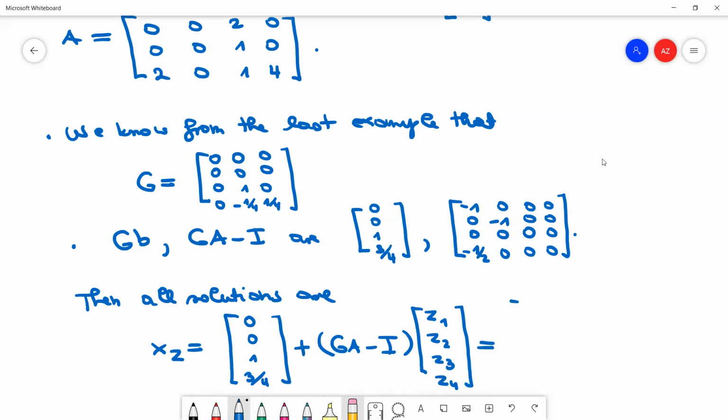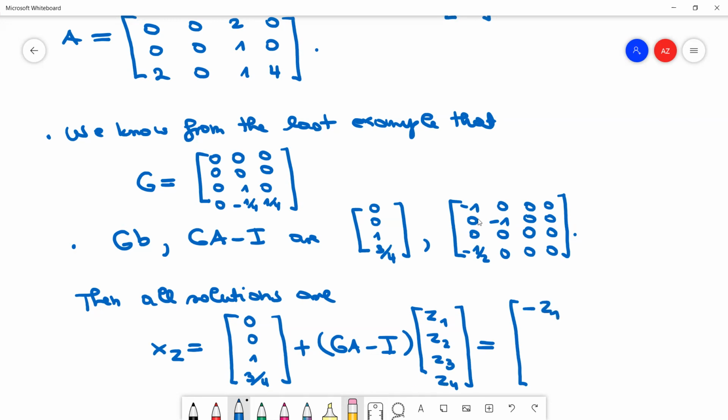And if you calculate, you get, so we have the first row of GA minus identity times the column of z becomes minus z1.